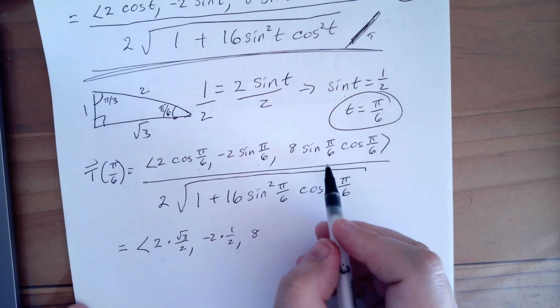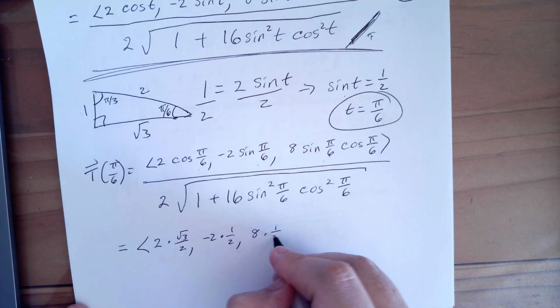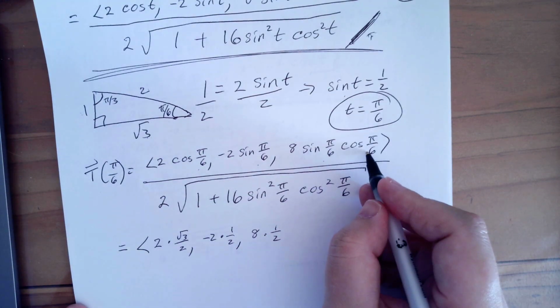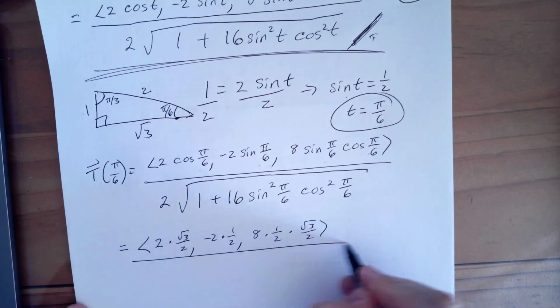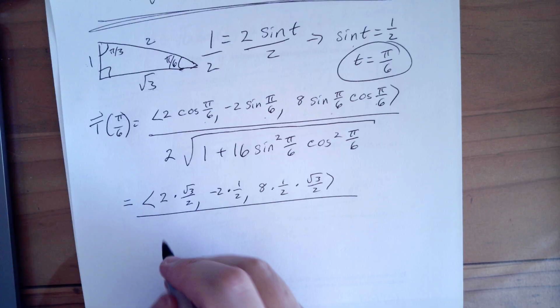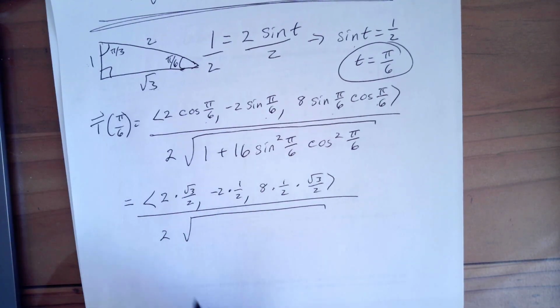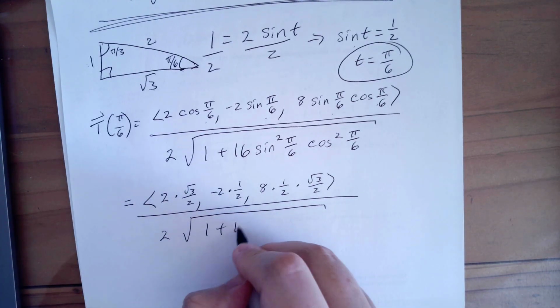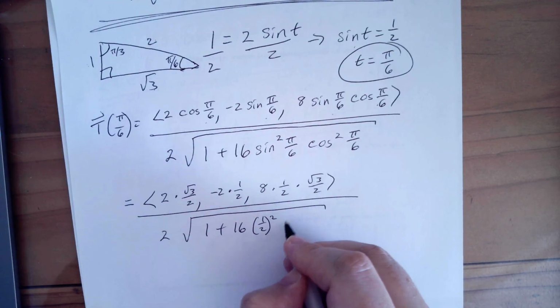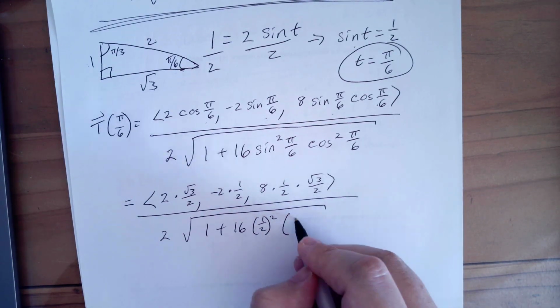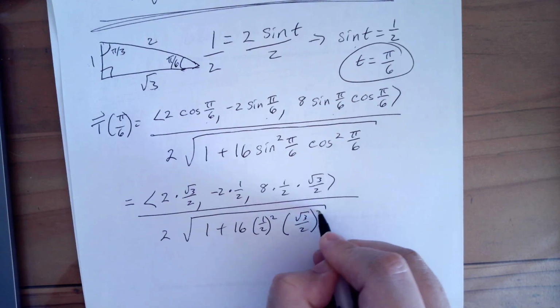We have this 8 sine of pi over 6, which is a half, cosine pi over 6, square root of 3 over 2, divided by 2 square root 1 plus 16. This will be half squared, and this will be square root of 3 over 2 squared.